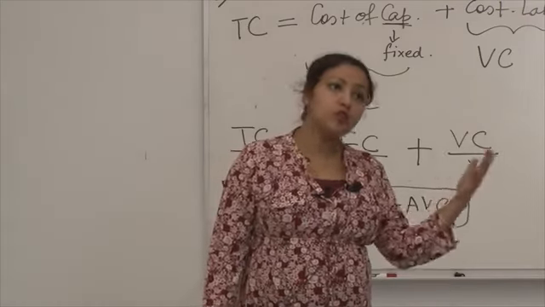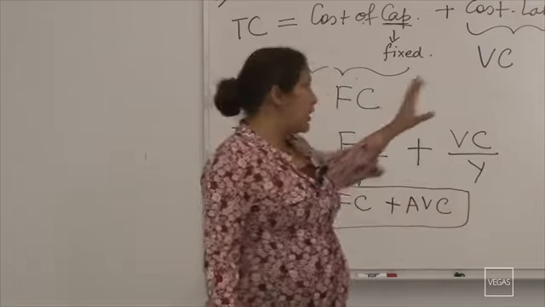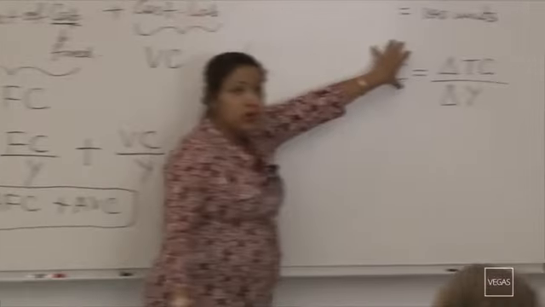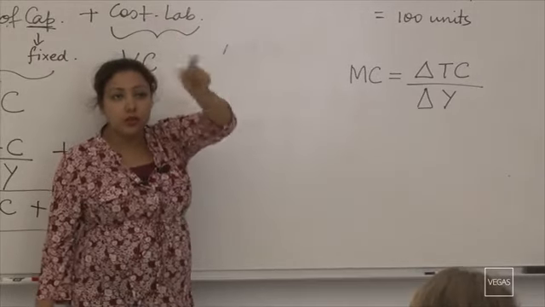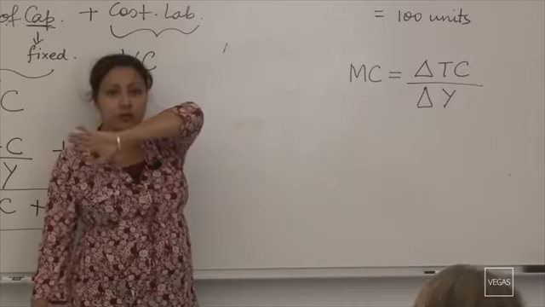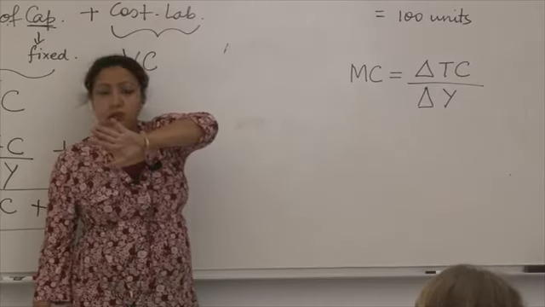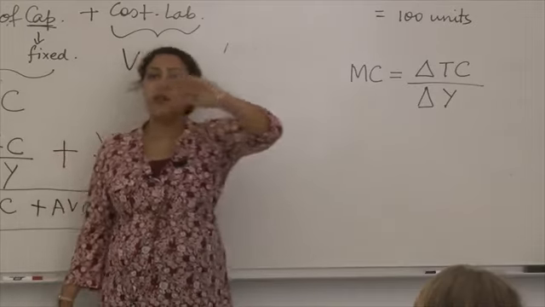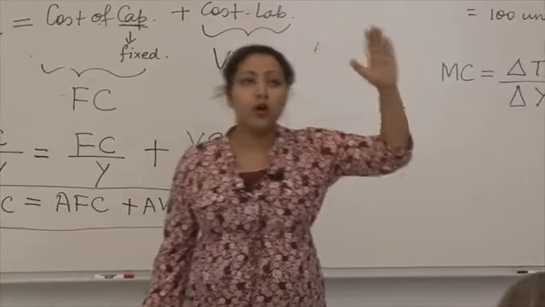So my total cost will definitely be more, but that is not captured here. What is captured here is by how much that total cost would change due to the production of that 101st shirt, that extra shirt. Do you understand? So total cost will always increase. If I produce more, total cost will always increase.